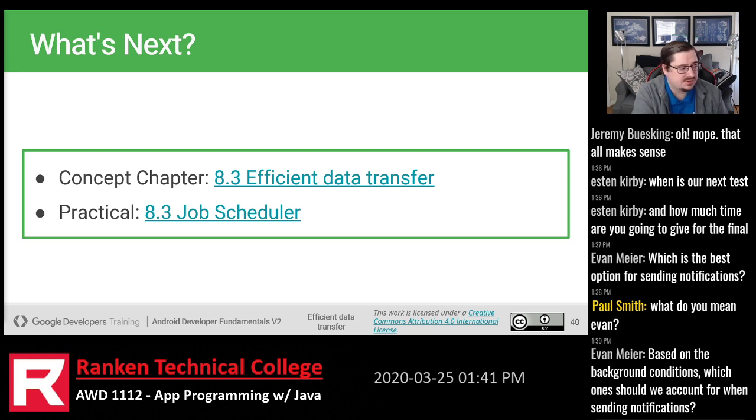That's how I'm going to specify the conditions: the periodic interval, and that requires a network type. And then the job service that I implement will use Volley to actually send the request and check. Once I get the response back, I can analyze it and see if there's new data, and then send the notification at that point.